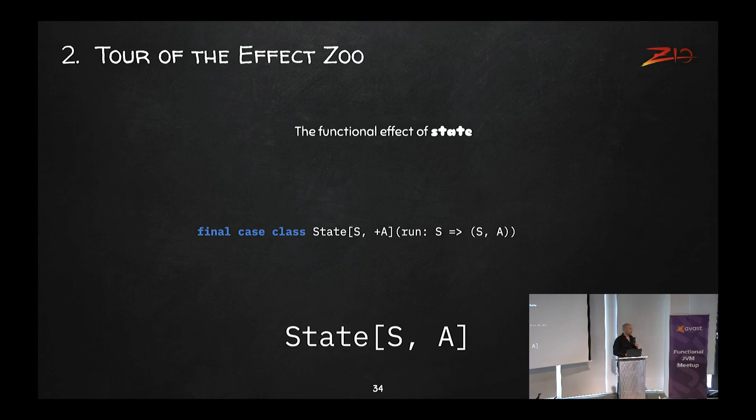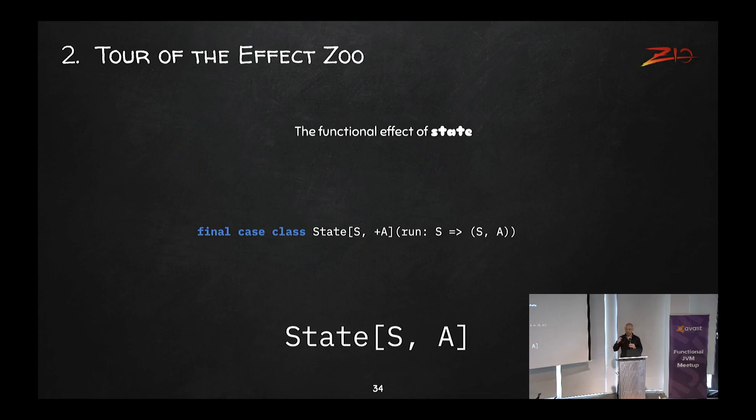State is another very common functional effect that allows you to model stateful computations. And the State functional effect is basically a function. At least this is the short-circuited version. We could do the full-on different instruction version that I did for optionality, but we were only going to do that once. Here we're taking a shortcut and we're defining it as a function that takes the old state and returns the new state and a value of type A. So State cannot fail.